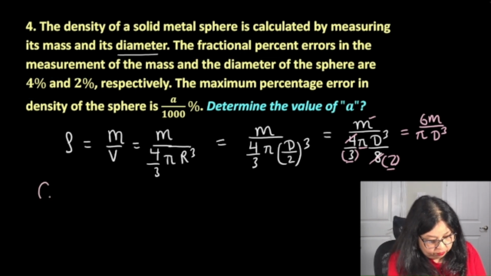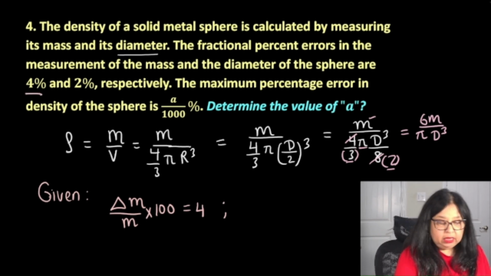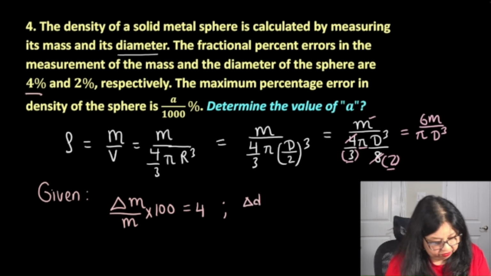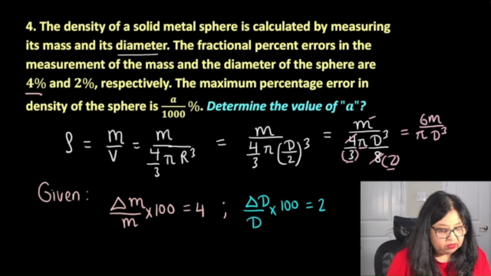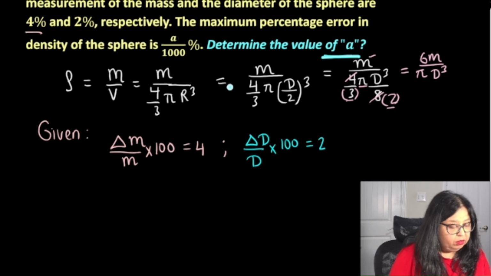We're given that the percent error in the measurement of the mass, delta m over m times 100, is equal to 4%, and the percentage error in the diameter, delta D, uppercase D, over D times 100, is 2%. It's important to be consistent. Not just that, the maximum percentage error in the density of the sphere is A divided by 1000 percent. Determine the value of A.